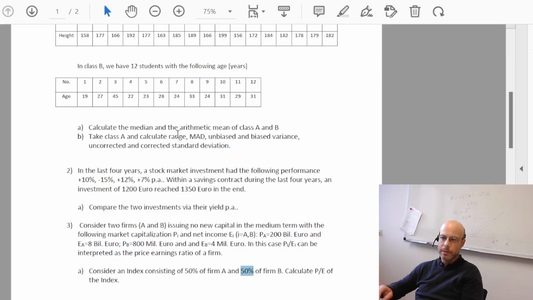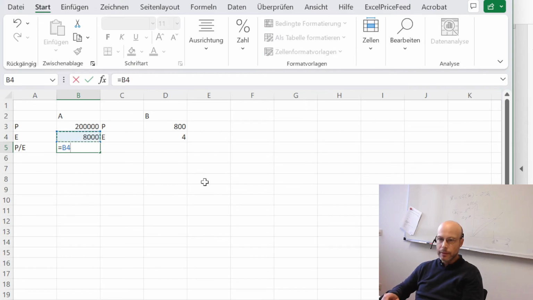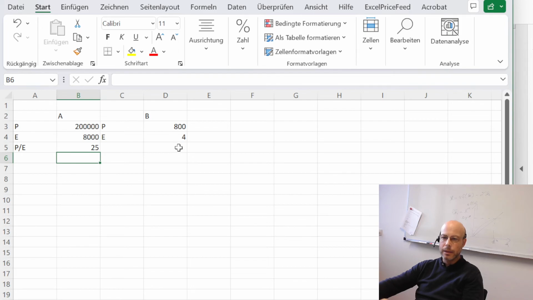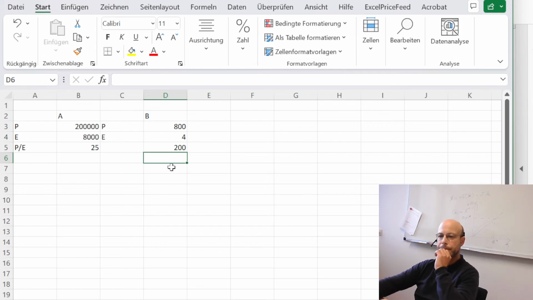So what we want to calculate is the price earnings ratio, P over E. It equals this one divided by this one, and this one divided by this one.